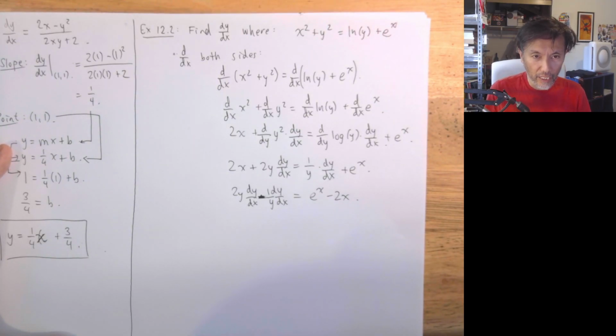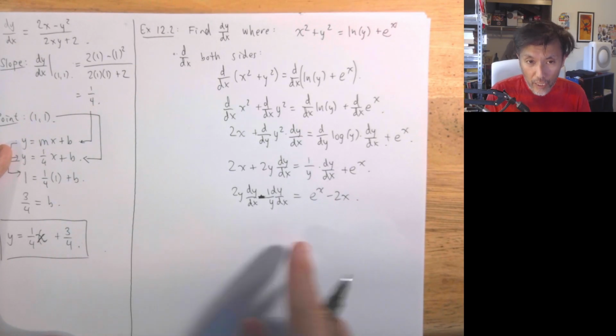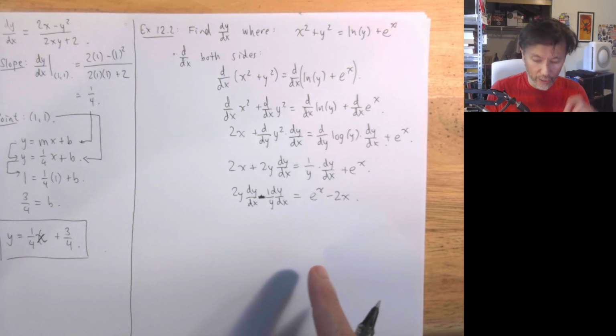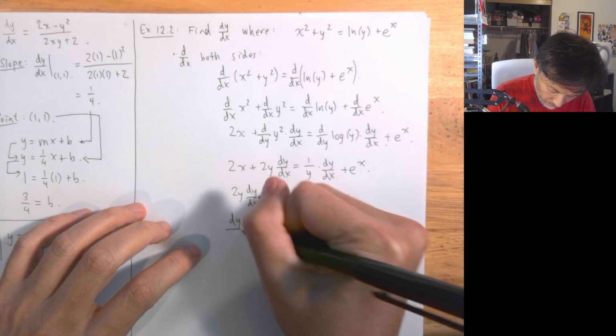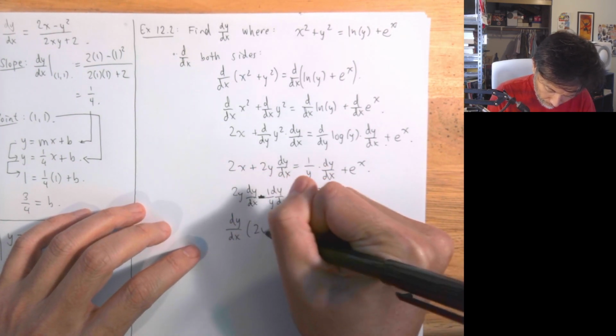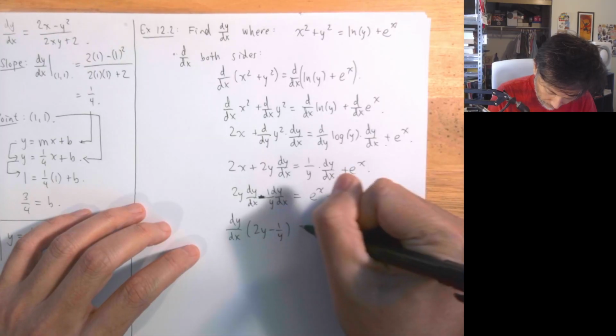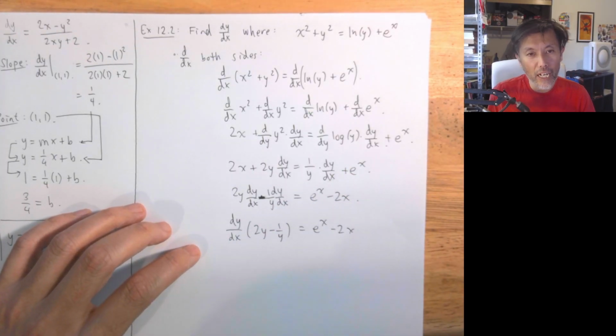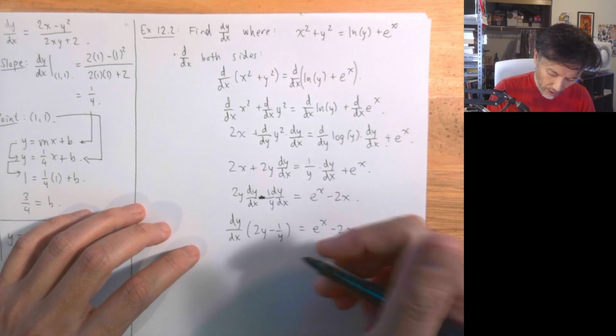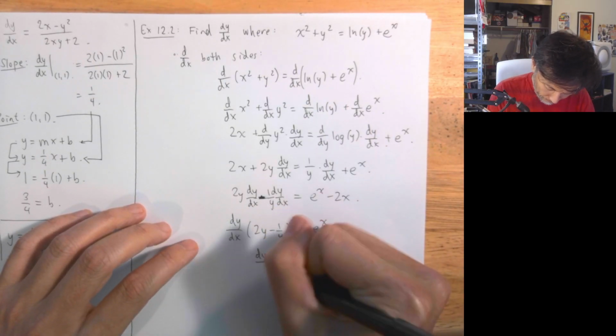Good. Yes, I did. Now I can factor out, again, I'm using the strategy here, I'm going to factor out the dy dx, leaving the other side alone. And then I'm going to divide both sides by 2y minus 1 over y.